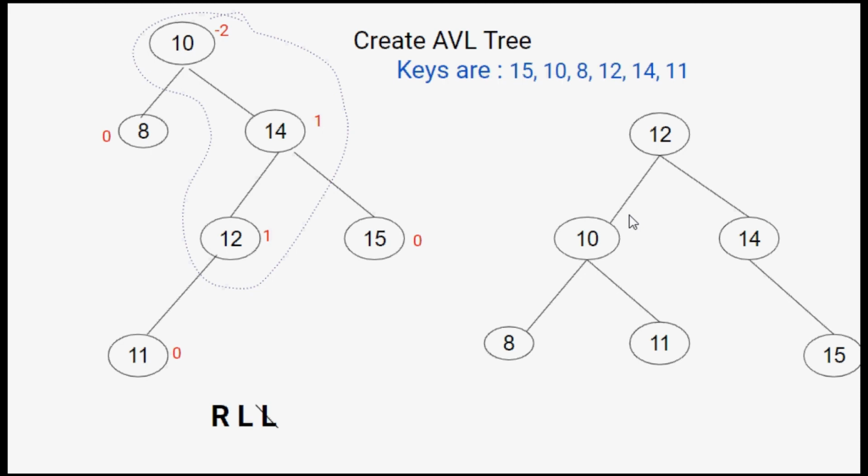Okay. Now again calculate the balance factor. The balance factor of leaf nodes is going to be 0 again. 0 minus 1. What is the balance factor of 12? 1 plus 1, 2. 2 minus 2, which is 0. So that means all the nodes have balance factor minus 1, 0 or 1, which is the correct balanced tree. That means now this tree is an AVL tree.